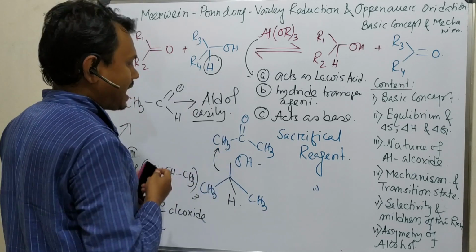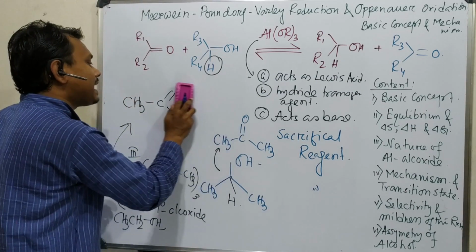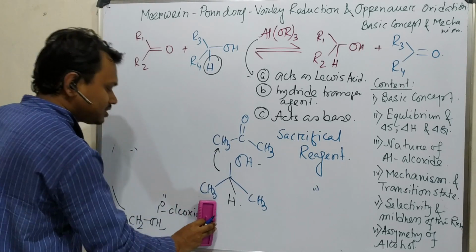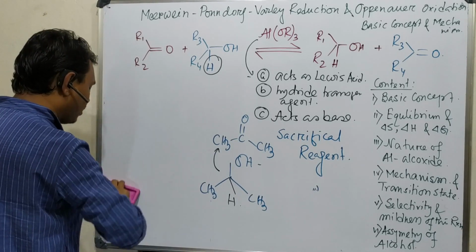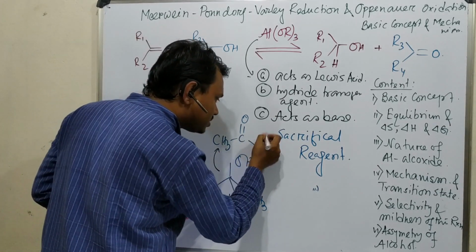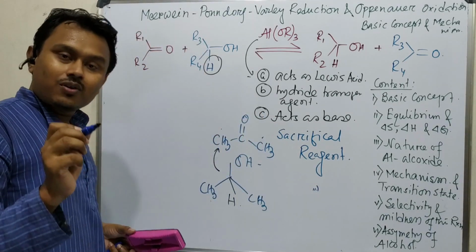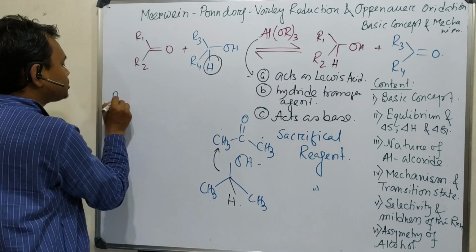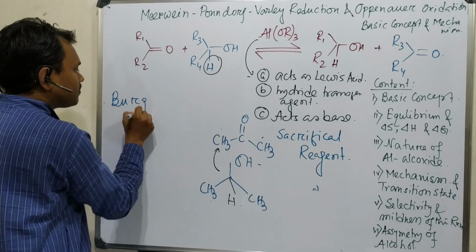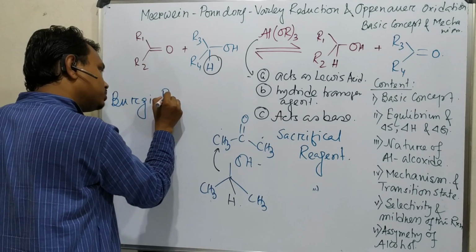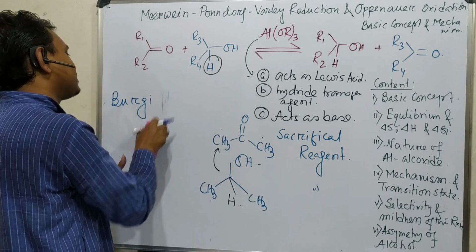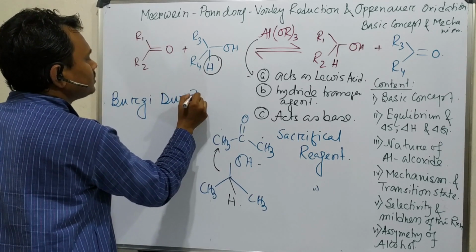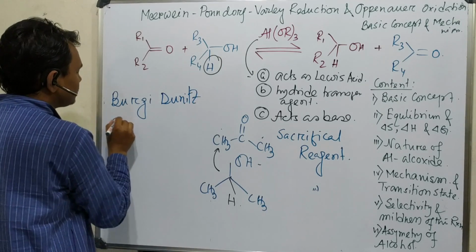But if we have acetophenone, we know that it cannot undergo aldol condensation that efficiently because of the bulkiness, because of this 2-methyl. In this context, I want to mention that I have uploaded a video about the Burgi-Dunitz trajectory.